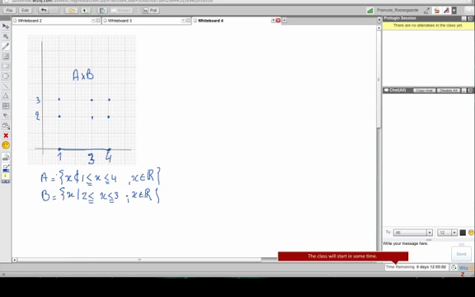What would be the consequence for this drawing? Well, since every element from these intervals is part of A and B, every point in this rectangle is then part of this product, and this would be then my answer.